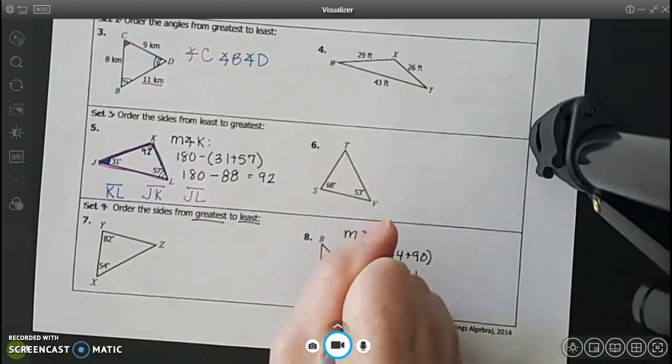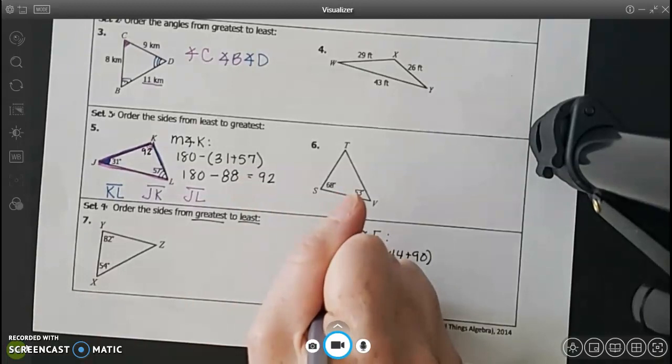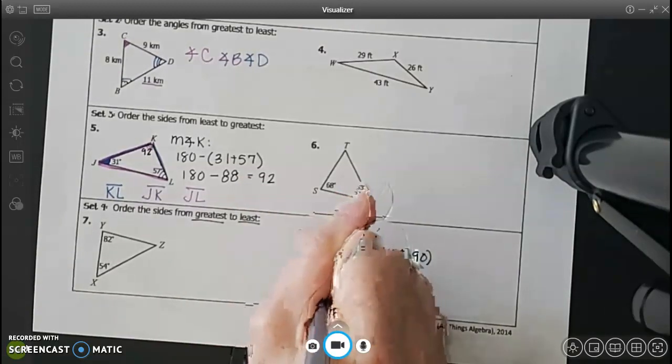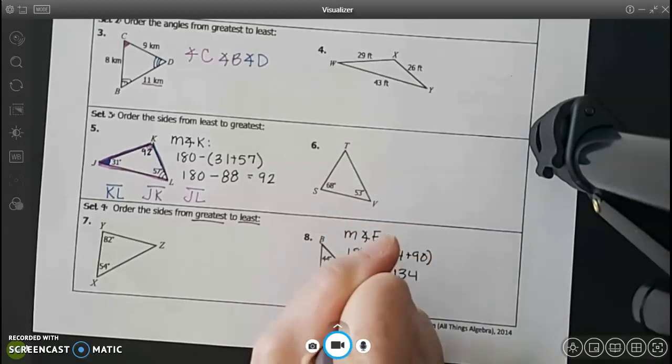Okay. So I am listing my sides from greatest to least. So here I want to look for my largest angle first, which is 90 degrees. And the side opposite 90 degrees is BE. So BE is my largest side, so I'll list that one first. My next largest angle is 46.